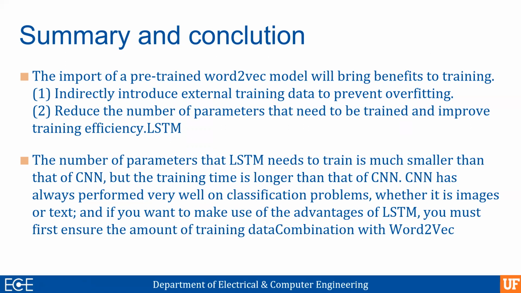The number of parameters that the LSTM needs to train is much smaller than the CNN, but the training time is longer. CNN has always performed very well on classification problems, whether images or text. And if you want to make use of the advantage of LSTM, you must first ensure the amount of training data.